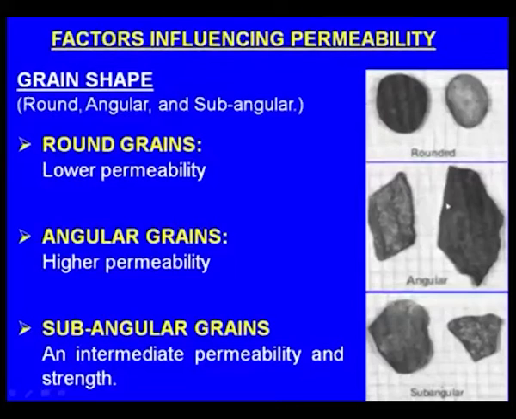Here you can see these are the round grains, these are the angular grains and these are the subangular grains. In the case of the round grains, we get lower permeability, whereas with the angular grains we get the higher permeability, and with the subangular grains we get intermediate permeability and strength.